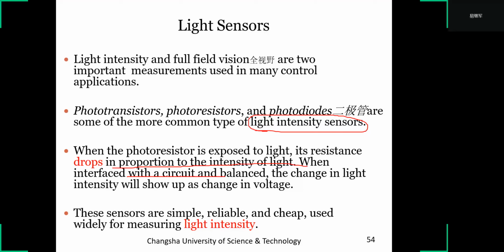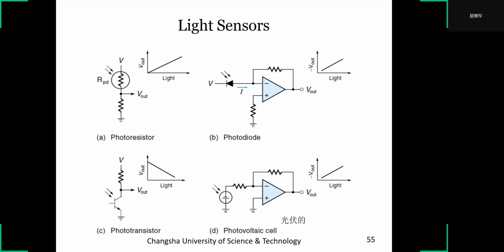These sensors are simple, reliable, and cheap, used widely for measuring light intensity. Light sensors include photoresistor, photodiode, phototransistor, and photovoltaic cell.